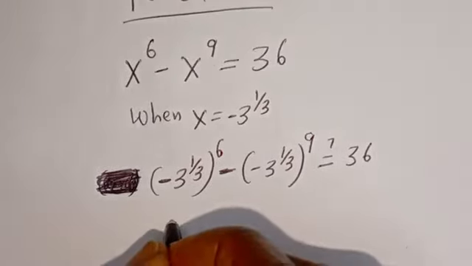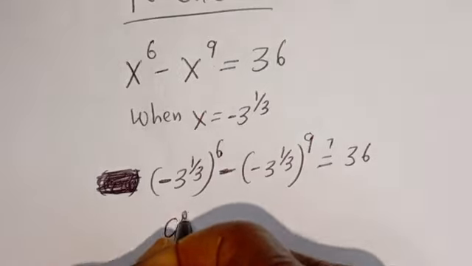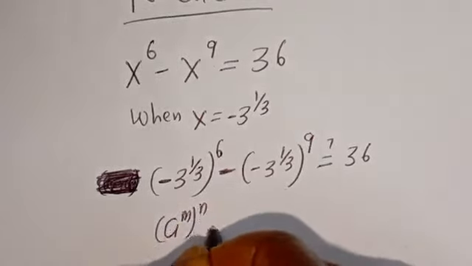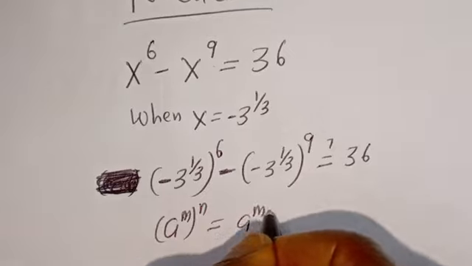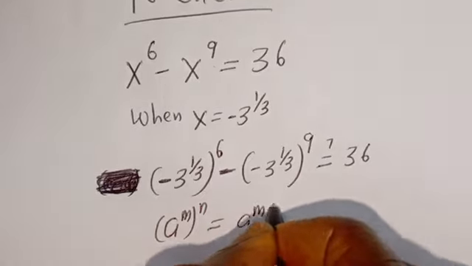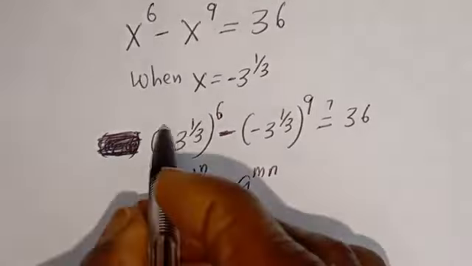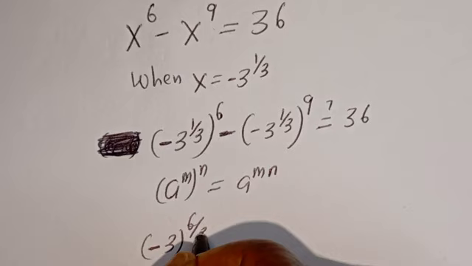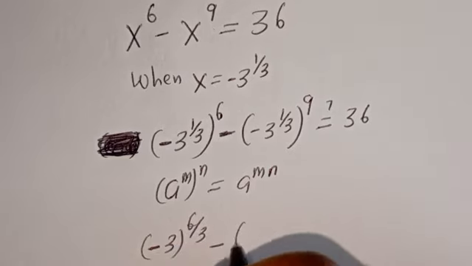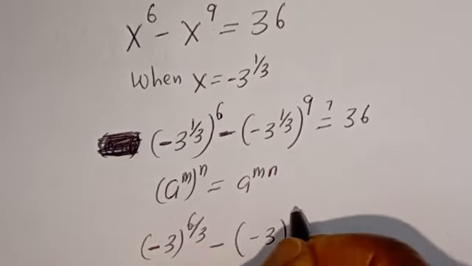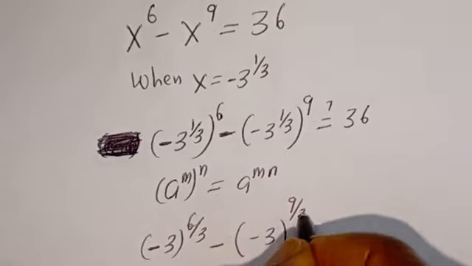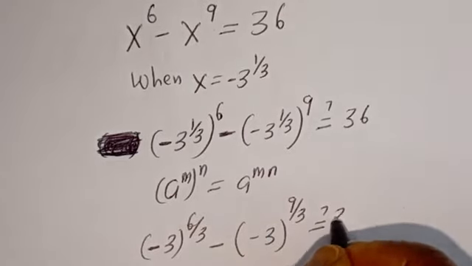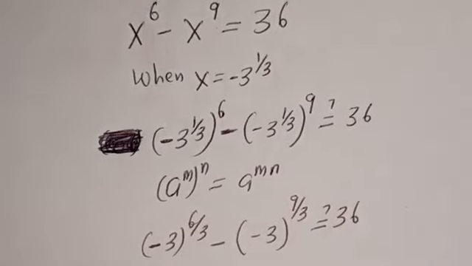Here, take note that a to the power of m, to the power of n, is equal to a to the power of m times n. Then this can be written as minus 3 to the power of 6 over 3 minus bracket minus 3 to the power of 9 over 3 must be equal to 36.